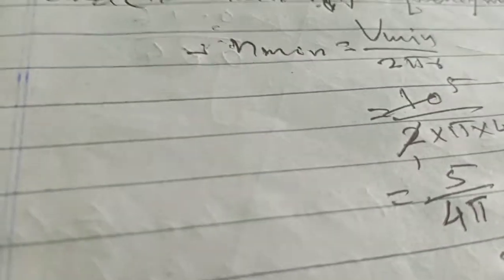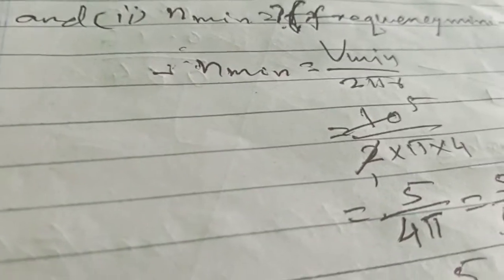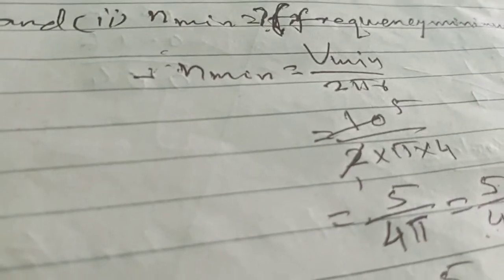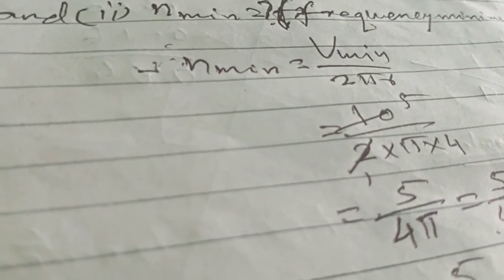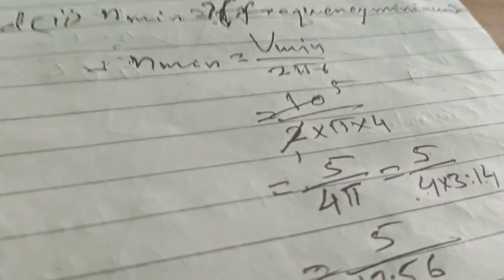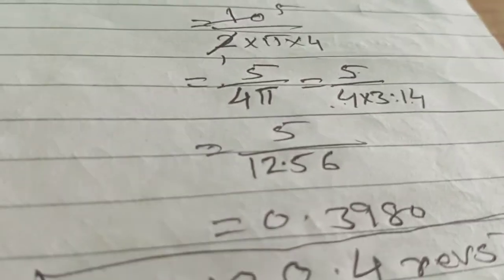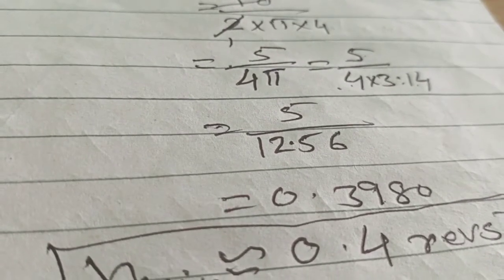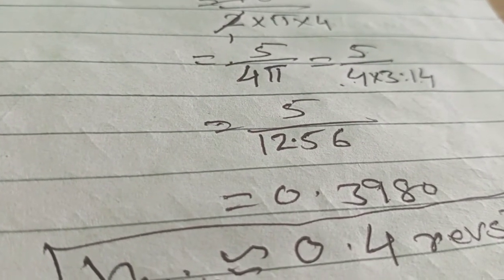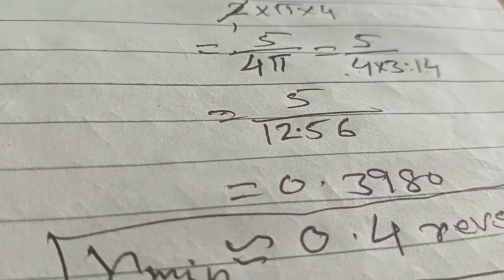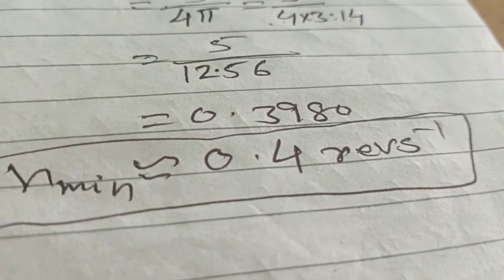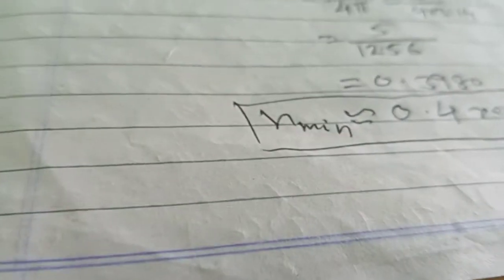The v minimum value from the first step is 10 upon 2 into pi into 4, which gives 5 upon 4 pi. With pi as 3.14, that is 5 upon 12.56, equal to 0.3980, approximately 0.4 revolution per second. This is the minimum frequency.